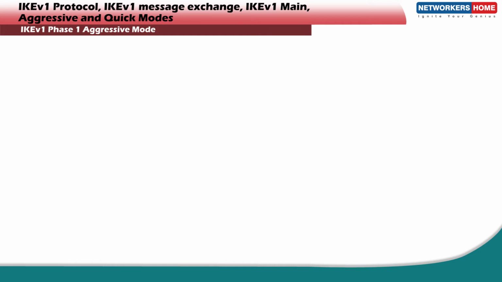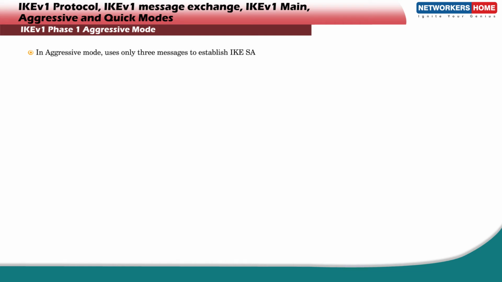IKEv1 Phase 1 aggressive mode. When in aggressive mode, IKEv1 Phase 1 uses only 3 messages to establish the IKE SA. The first 2 messages in the aggressive mode exchange include almost everything required to form the IKE SA.